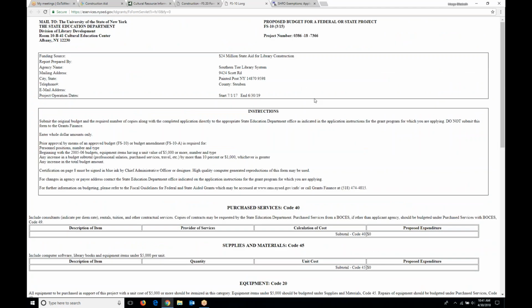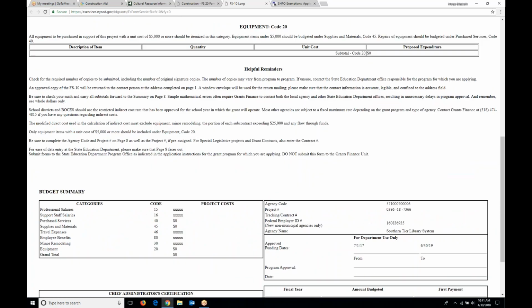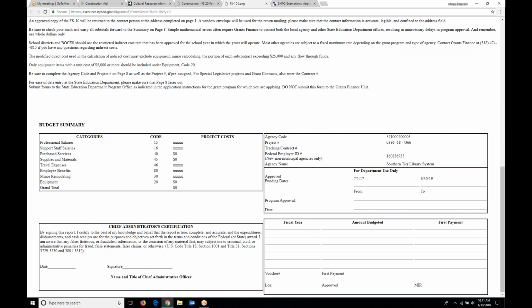In order for your application to be considered complete and for the state to look at it, you'll have to print 3 of these, sign each of them individually in blue ink, and then send those paper copies along with a payee information form and your W-9 to me at STLS through the delivery. It is a crazy form. Luckily, you don't actually have to fill it out. The stuff that auto-populates. Everything else you leave blank. You're just signing it and sending it to me.